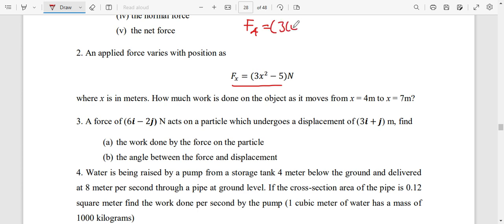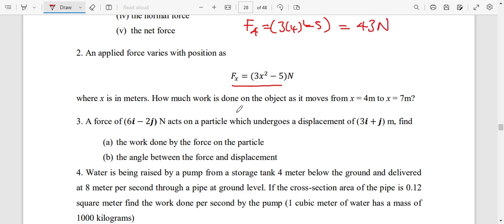That is 3 multiplied by 4 squared, then minus 5. So 4 squared is 16. 16 times 3 is 48. 48 minus 5 is 43.